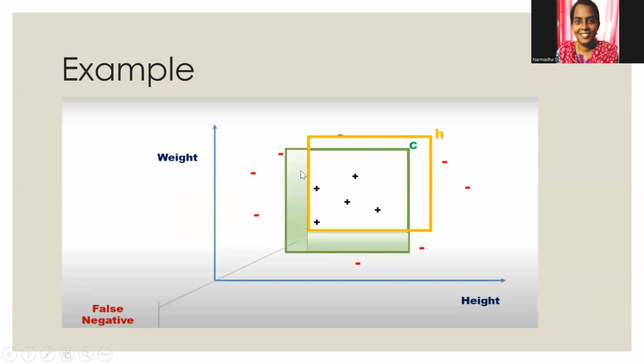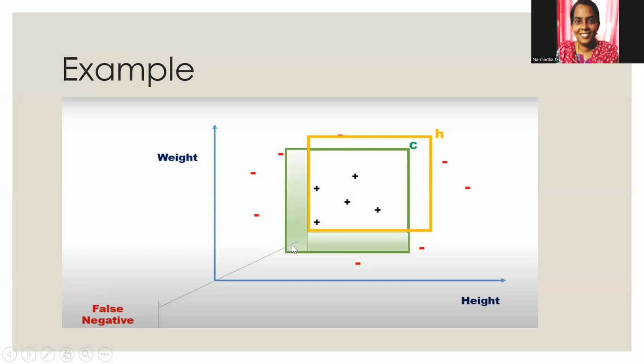And say, for example, you are trying to find a hypothesis which is represented by the yellow box. Whatever portion is the rectangle shaded in green, this is the actual concept.